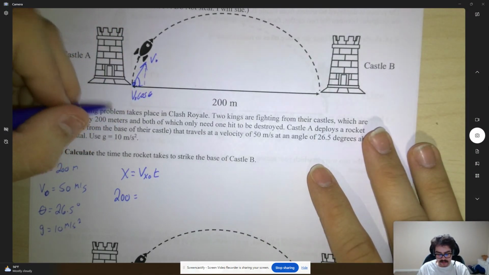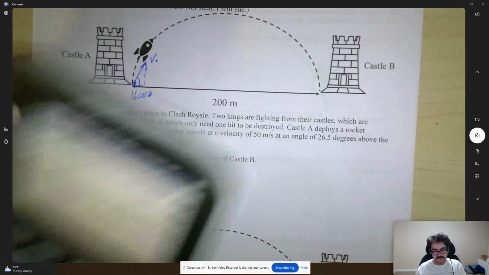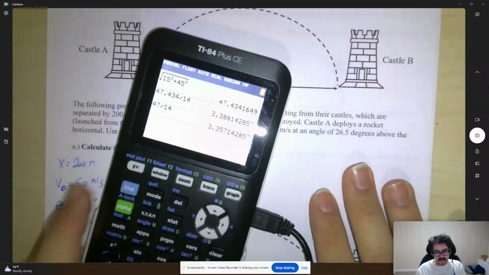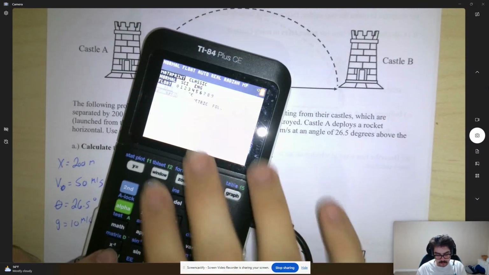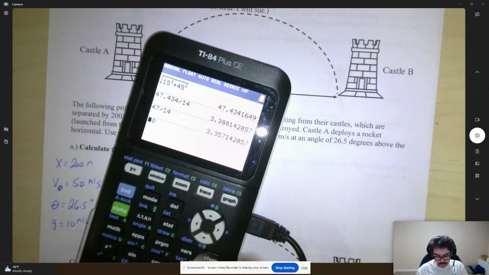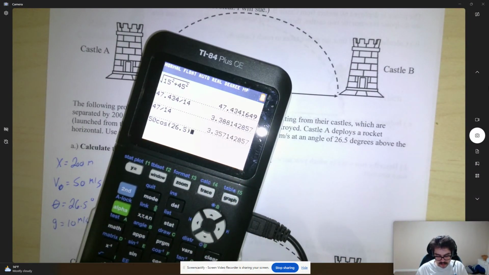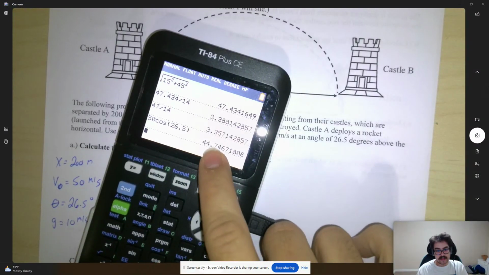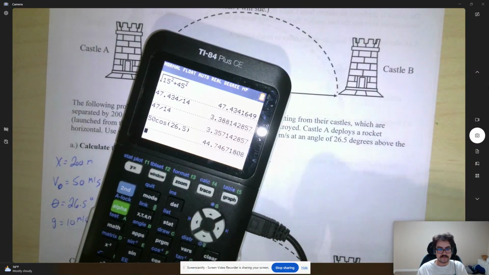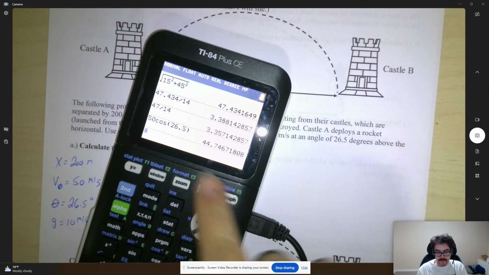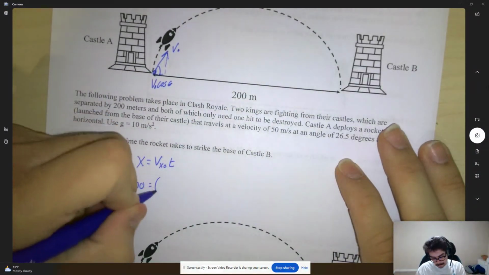V naught cosine theta is going to be 50 cosine 26.5. I don't know that one off the top of my head. So 50, let me make sure I'm in degree mode. 50 times the cosine of 26.5. And please be a nice number. No, it's not. It's 44.74. That's unfortunate. Okay, I wrote the problem poorly. 44.75. Let's round it to 44.75. Okay.